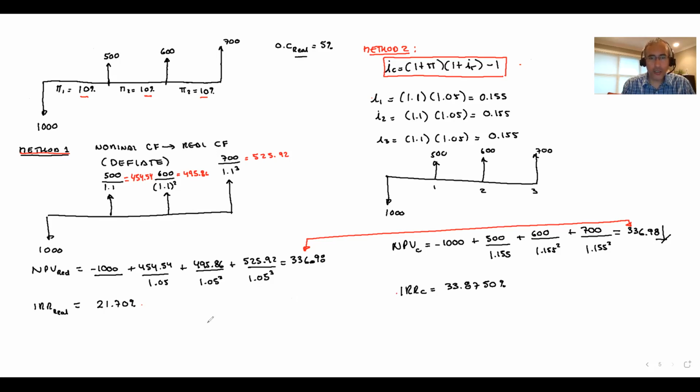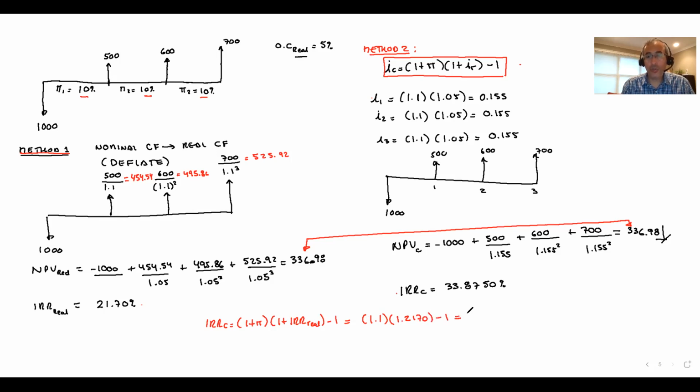I will do this here. My internal rate of return current should be equal to (1 plus pi) times (1 plus internal rate of return real) minus 1. So if we replace values, this is 1.1 because inflation is constant, that multiplies 1.2170, minus 1.